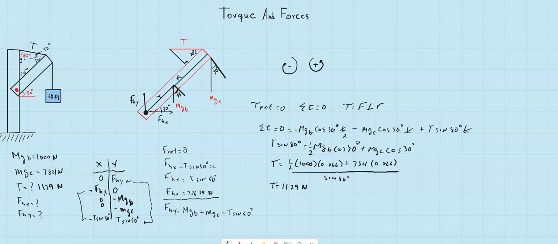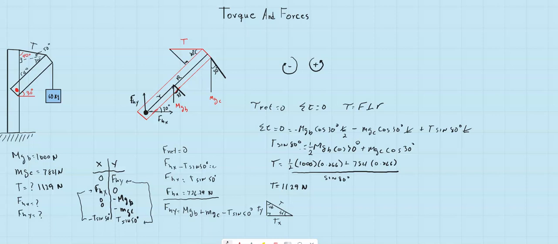This is telling us that this will be Ty, Tx, and we know that this is our tension right here. This angle is 40 degrees, this angle right here is 50 degrees, and this is at 90 degrees.